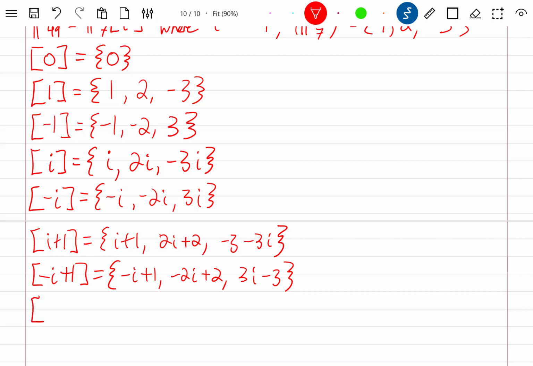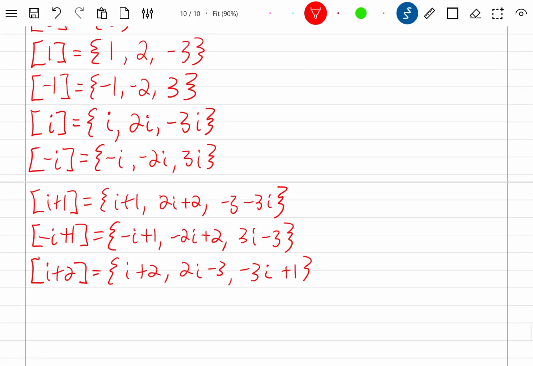Then I will have my equivalence class of i plus 2, which will be i plus 2, 2i minus 3, and minus 3i plus 1. So multiply by 1, multiply by 2, multiply by -3. Is this correct? Negative 3i plus 1. Because -3 times 2 is 1, yes.